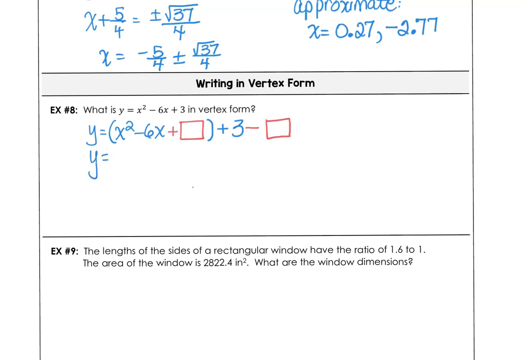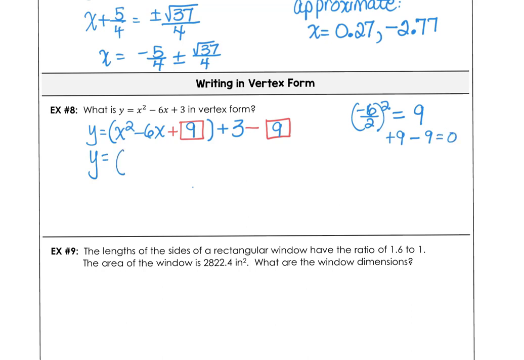So taking that into account, we've got half of the b. So our b is negative 6. Half of b is negative 3. Negative 3 squared is 9. So we're going to add 9 on the inside and subtract 9 on the outside. Adding 9 here, subtracting 9 here. We've added up a 0 there in that case.